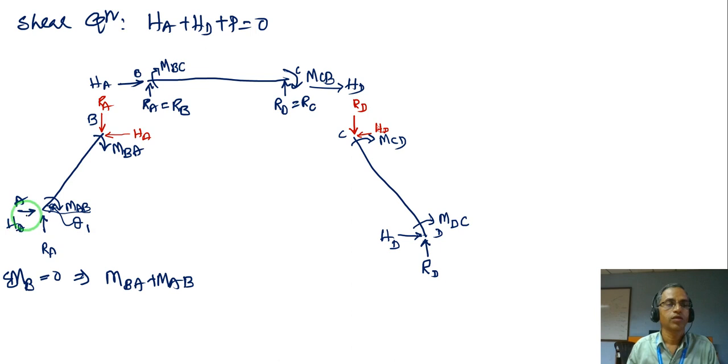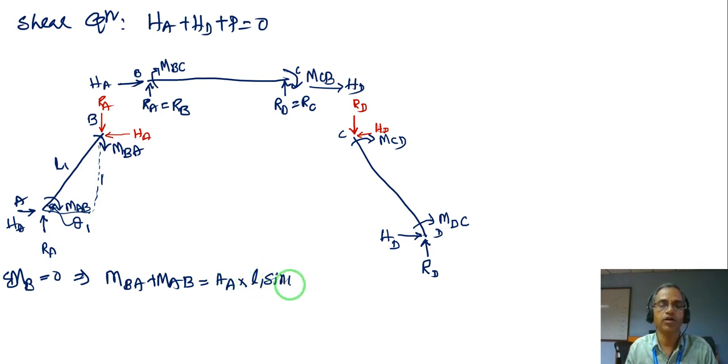Then this particular HA will be anti-clockwise, so I can write on the other side HA into this length, let us say the length is L1. If I draw a vertical line here, what is this H into vertical? This one will be sine theta, so L1 sine theta 1. So the opposite side is L1 sine theta 1.